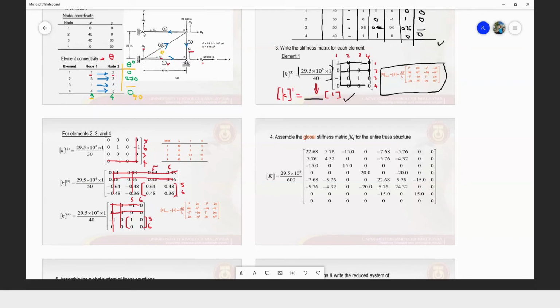Satu node ada 2 degrees of freedom. Kalau kita prepare dia, kita akan ada 8 kali 8 of the matrix. So kalau kamu nak isi semua ni, which is will take some time for you.